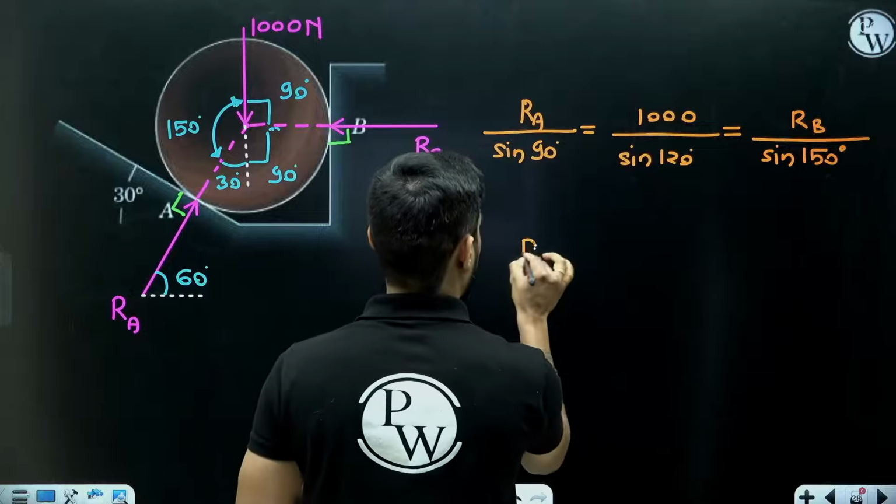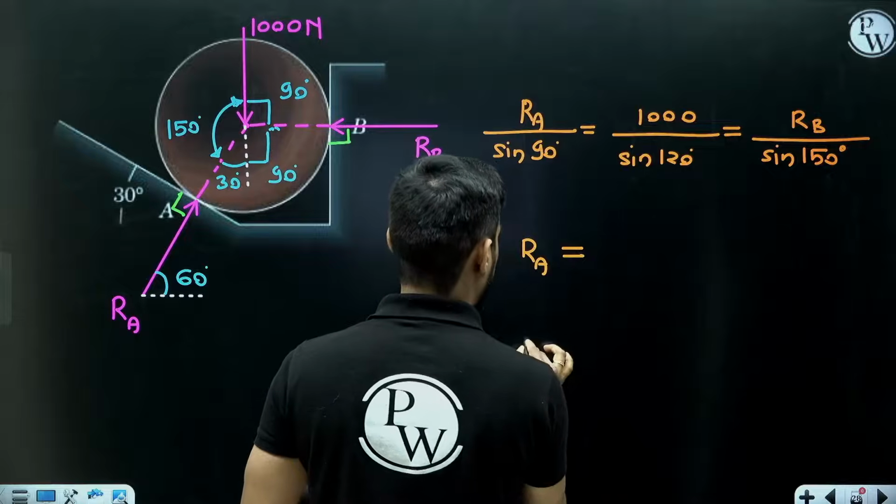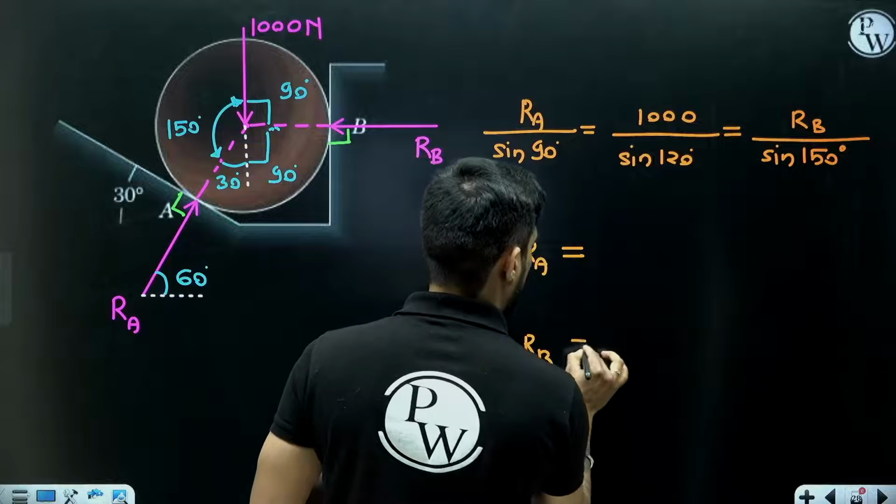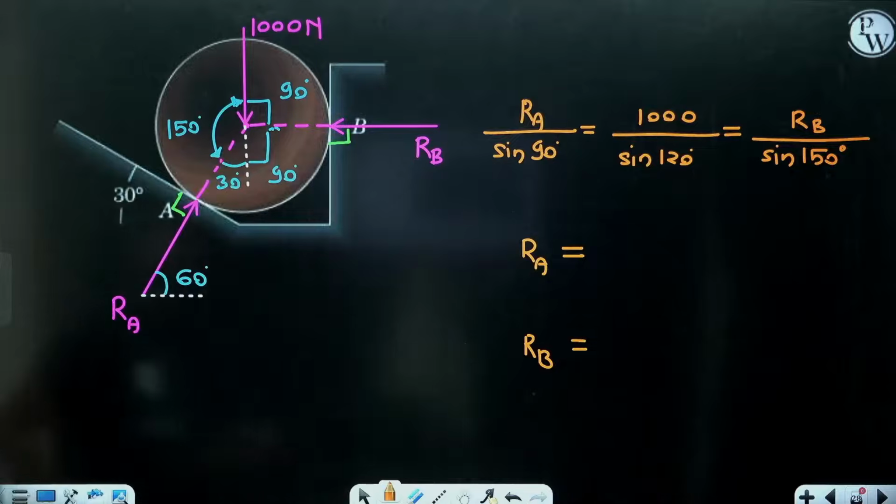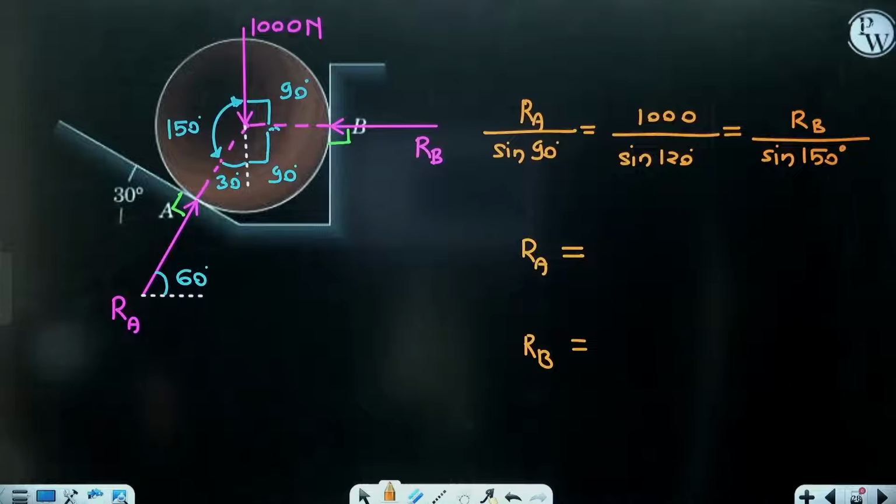So from here I can find the value of RA as well as RB. So what will be RA? 1000 into sine 90 divided by sine 120. Sine 90 is 1, so it will be 1000 divided by sine 120.